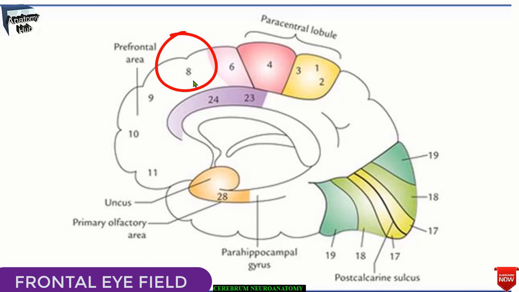You have to remember that the frontal eye field controls voluntary scanning movement of the eye, which is dependent on visual stimulation. The frontal eye field is connected to the visual area of the occipital cortex by association fibers. The involuntary following of moving objects by the eyes involves the visual area of the occipital cortex.